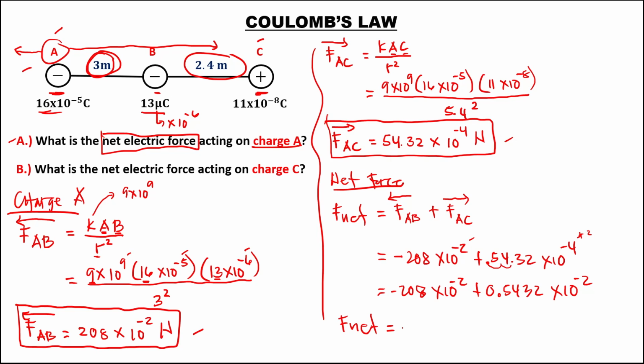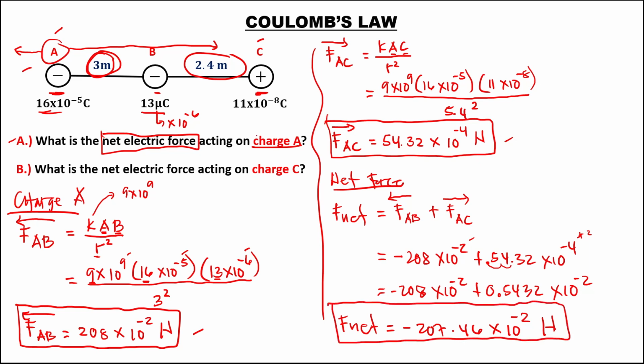So this is negative 207.46. Then just copy the exponent, so times 10 to the power negative 2 Newton. So this is now the net electric force acting on charge A.